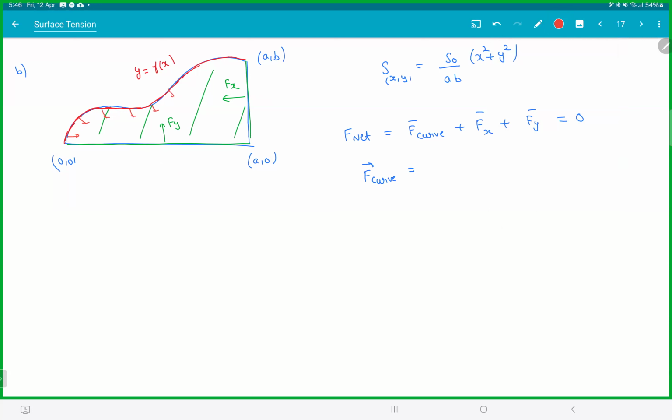So when you add all these forces, the net force cancels out. Minus of F curve and this thing. So basically, if I can find this force and this force, my job's done. So you can split the problem into two parts. So for Fy, you're finding the force on the horizontal line.